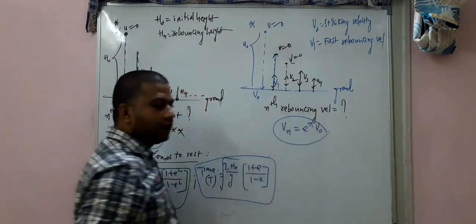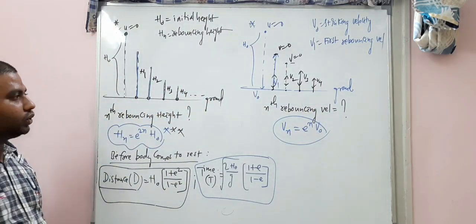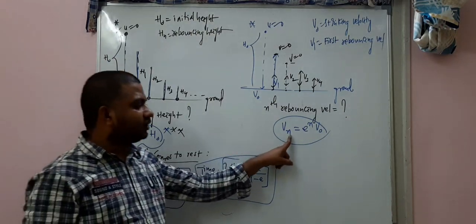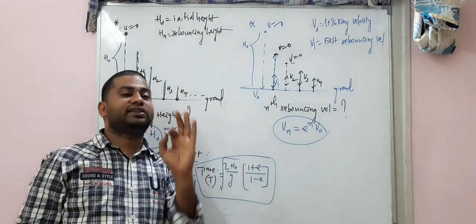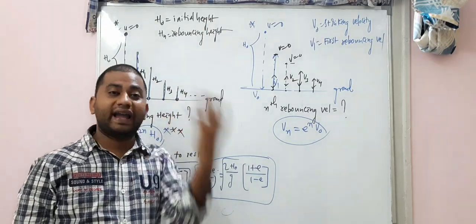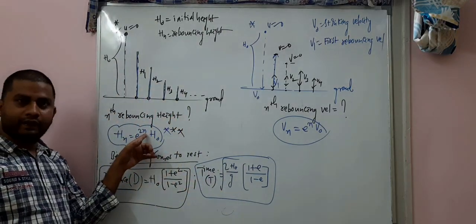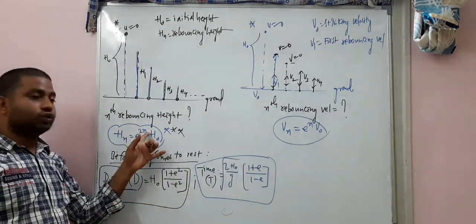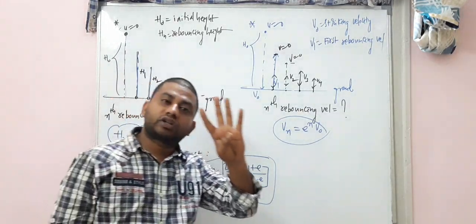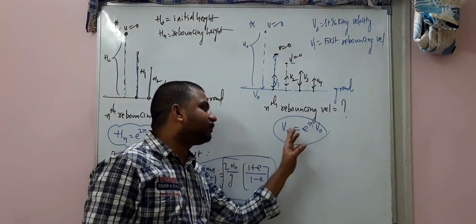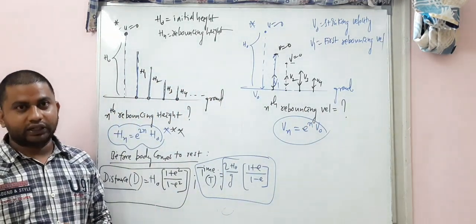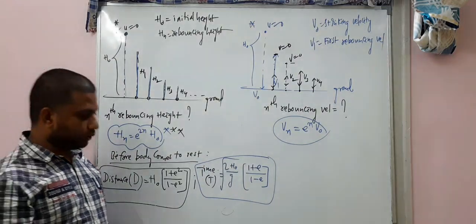Look, Vn is equal to e to the power n into v naught. So this n, which rebounding velocity are we talking about? Which rebounding height are we talking about? This n. If we are talking about the second rebounding height, n is 2. If we are talking about the fourth rebounding velocity, this n is 4. You have to do it like this. All right? Clear?